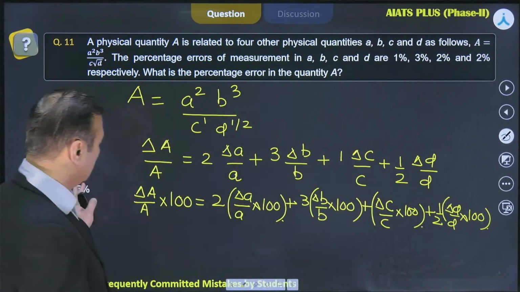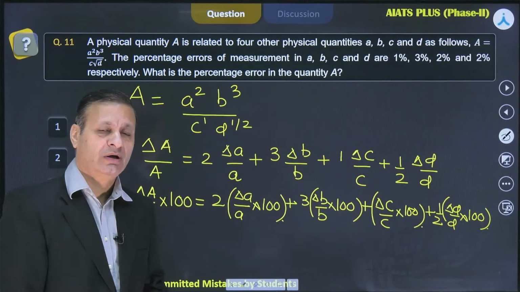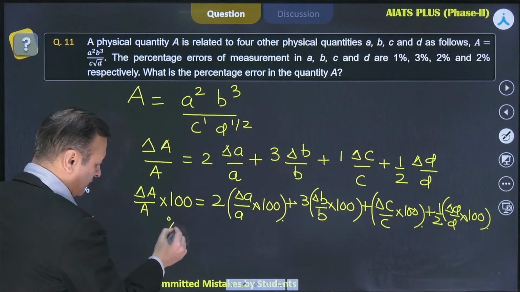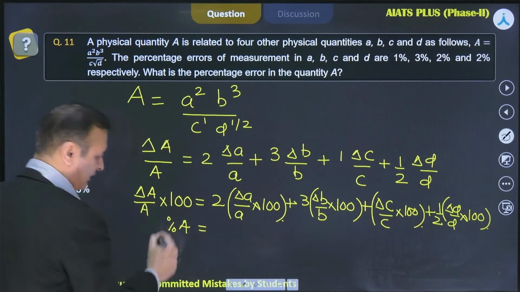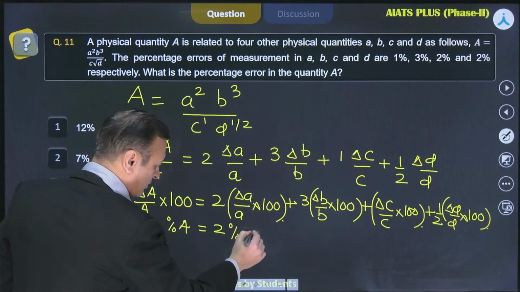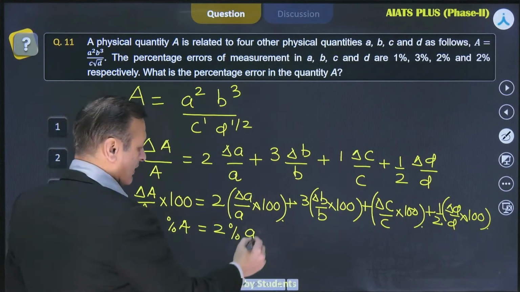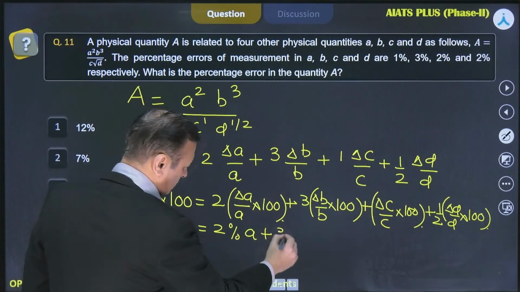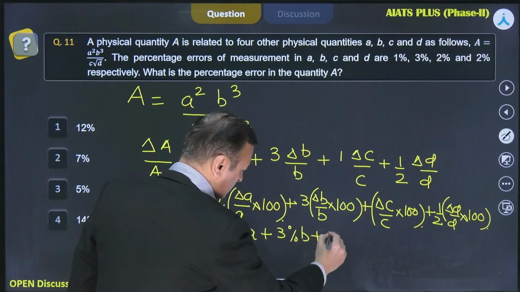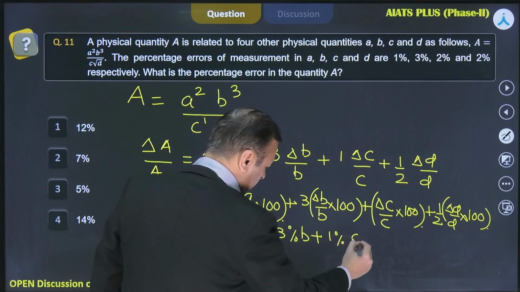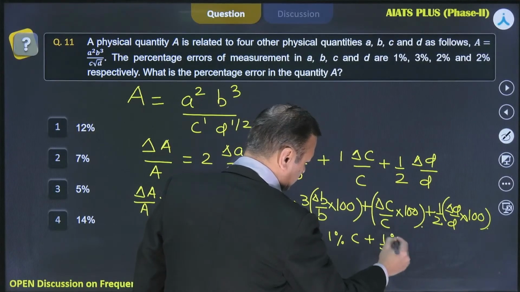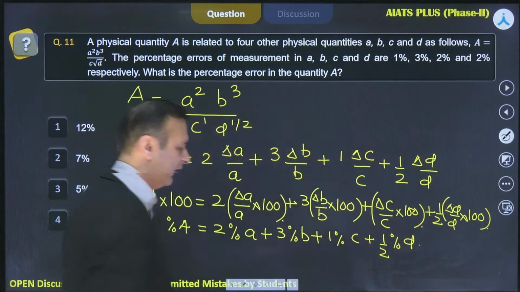So when you multiply both sides by 100, this becomes the percentage error in A, which is equal to 2 times the percentage error in small a, plus 3 times the percentage error in b, plus 1 time the percentage error in c, plus half time the percentage error in d.